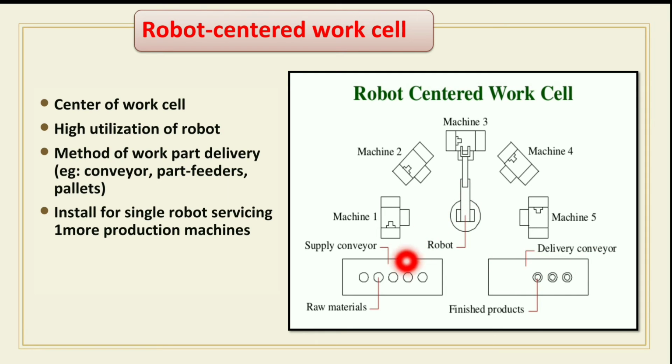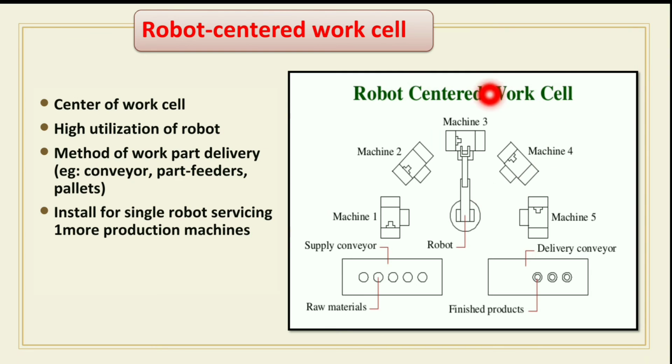So the robot can pick the raw material from the supply conveyor and place it to machine first, machine second, machine third, machine fourth and machine five for further processing, and then pick the finished component from the machine and place it on the delivery conveyor. So the pick and place work is done with the help of the central robot.